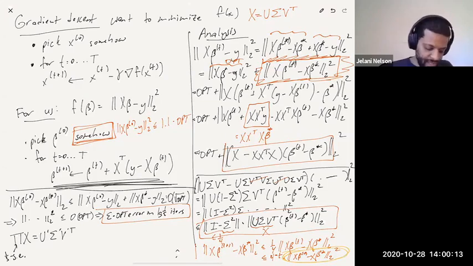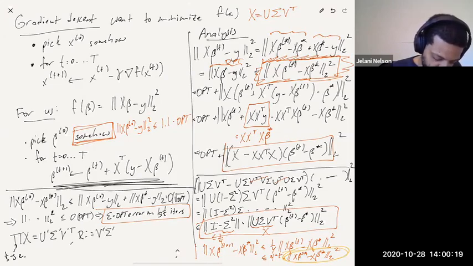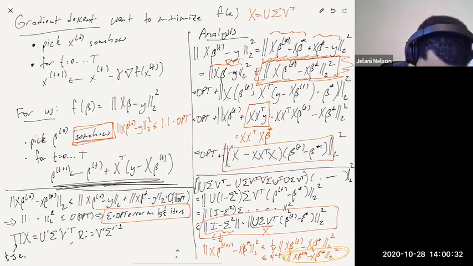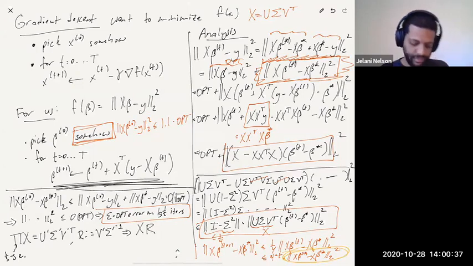And now what I do is I define a matrix R to be V prime Sigma prime inverse. Okay. And now what can you tell me about the matrix XR? Okay.